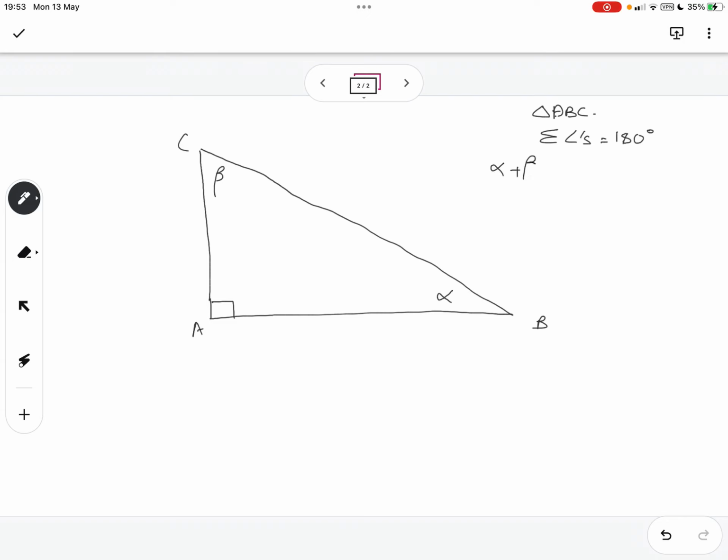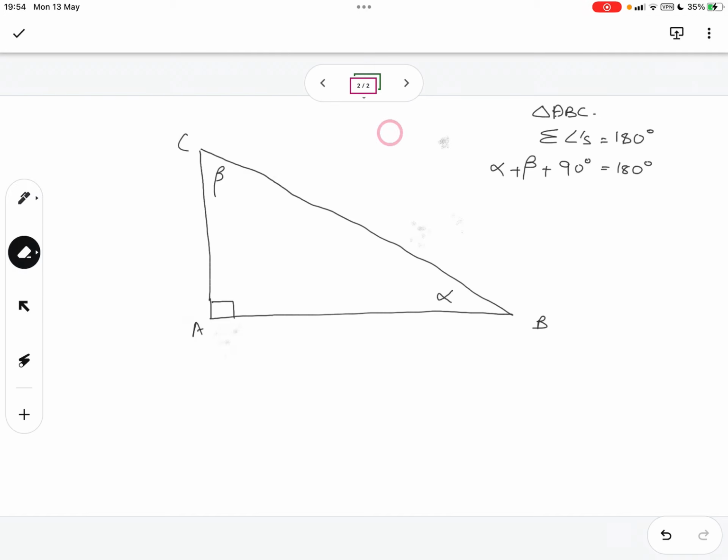So in other words, alpha plus beta plus the 90 degree angle must equal 180 degrees. So I want to define beta in terms of alpha. I want to have a situation where beta equals an angle, but that angle has alpha somewhere in it.